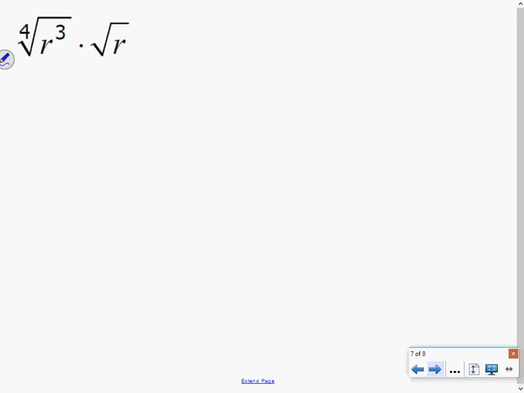So the fourth root of r cubed will become r to the 3/4 power. And then the square root of r will become r to the 1/2. We had a problem similar to this, right? We said if two things of the same base are multiplying, the exponents need to add.